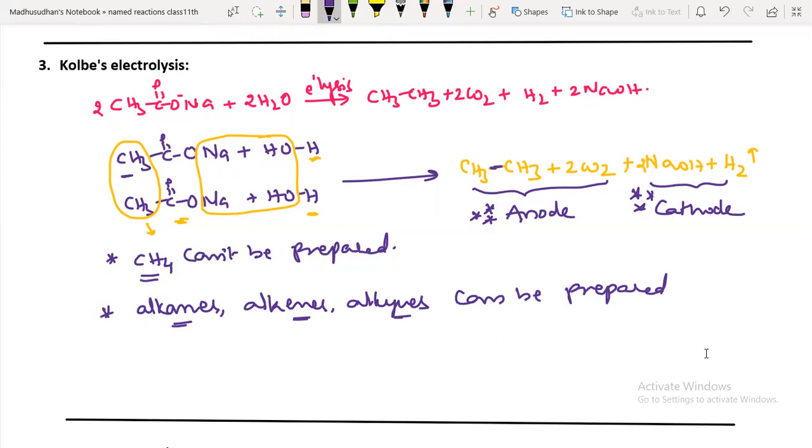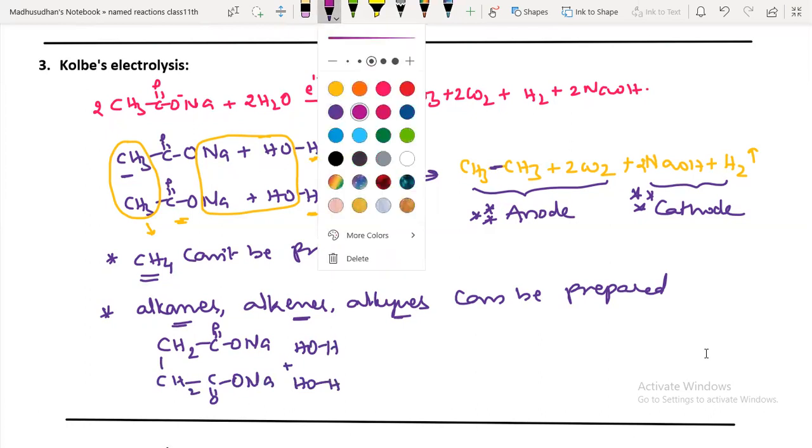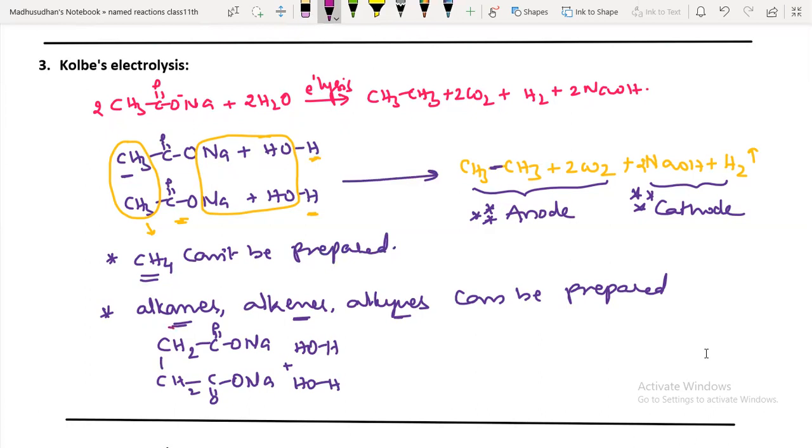If there is an already existing bond, suppose like this, CH2 double bond, on reaction with water. What happened, guys, in this case? Okay, the same thing happens. These two get connected. Sodium hydroxide is removed from this.